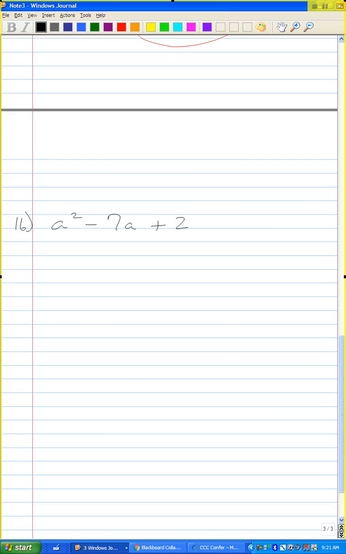Okay, so this will equal, again, I can factor this. These are a's. So drop down the minus times plus is minus.